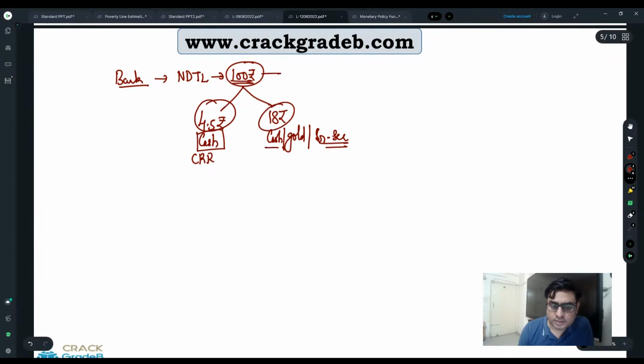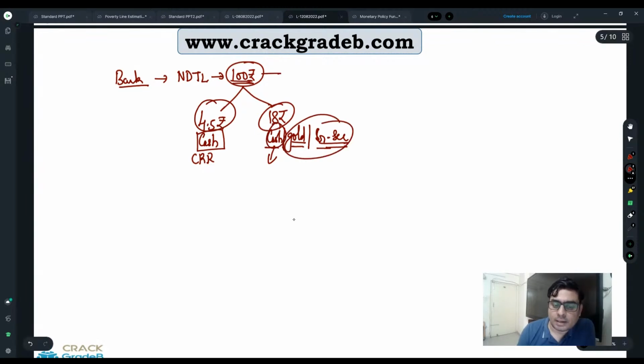Whereas here the option is either cash or gold or government securities. So definitely the bank is not going to maintain this in cash, because cash will remain the same. There will be no change in the asset value of that 18 rupees even after certain days. So the bank is definitely not going to maintain it in cash.